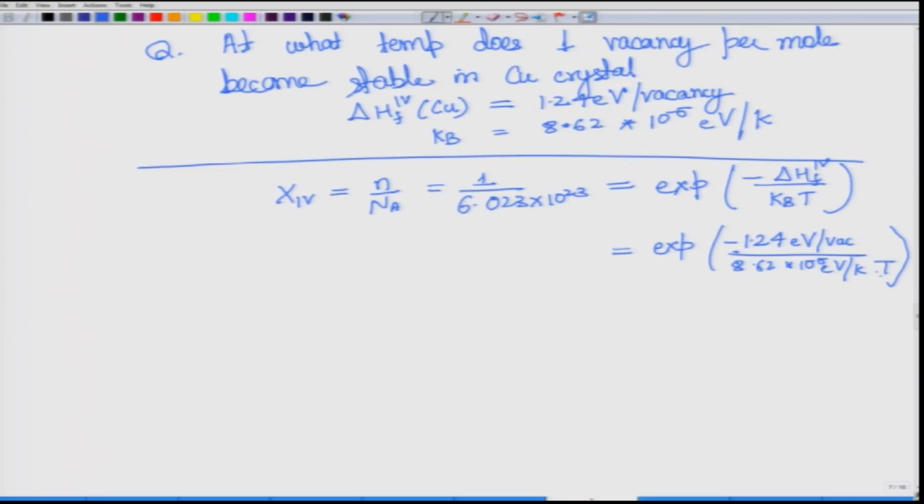So T is the unknown here. Everything else is known except T. So, you can very easily transform this equation to this form.